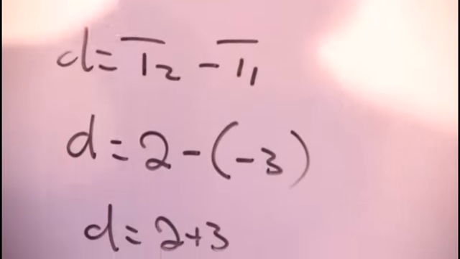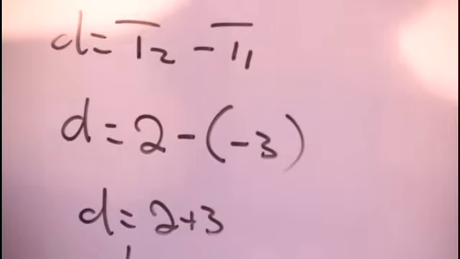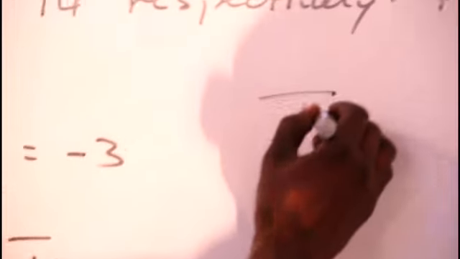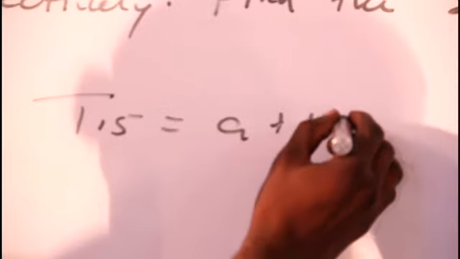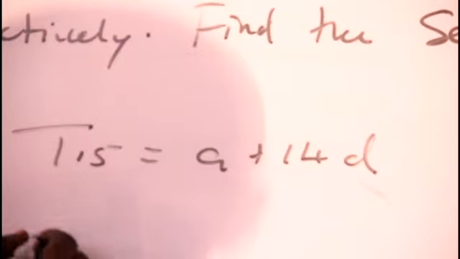Now we go back, since we have our A and our D, we now go back to T15. T15 is simply A plus 14D. So what do we do now? We end up having T15 will be equal to, what is our A?